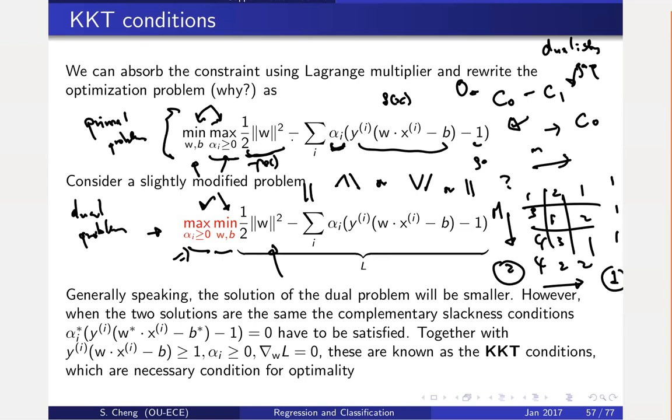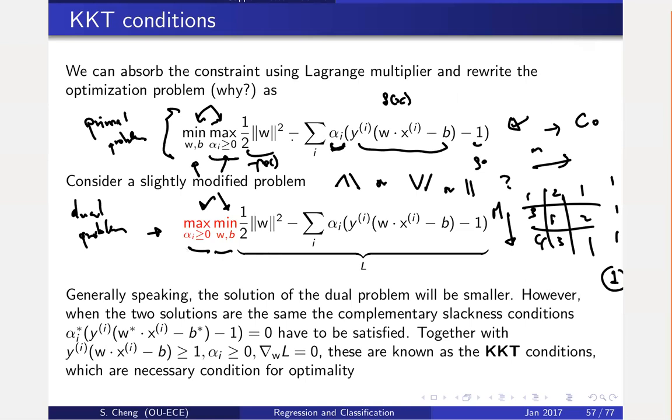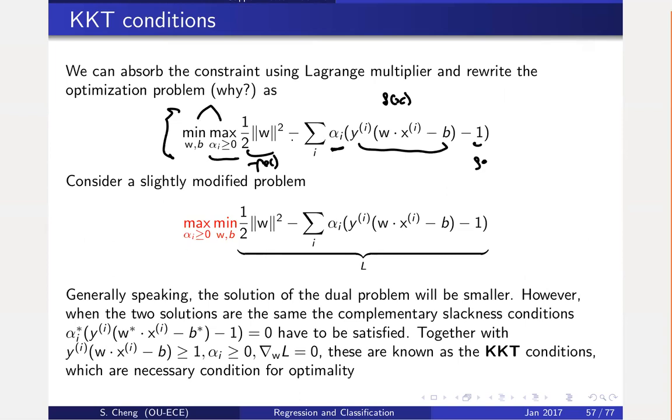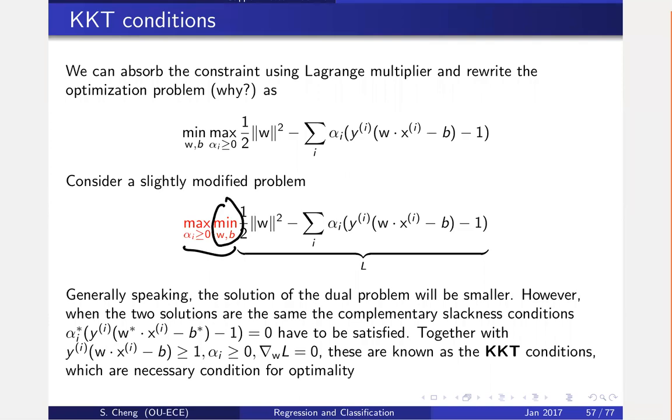Okay, let me erase some of these things here, it will be easier to see. Now after we swap the minimization and maximization, the nice thing is that the minimization here is unconstrained, right?